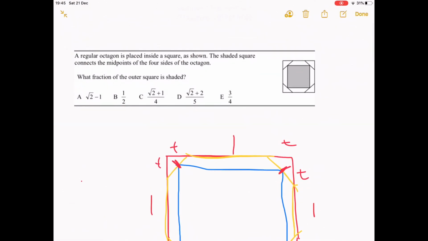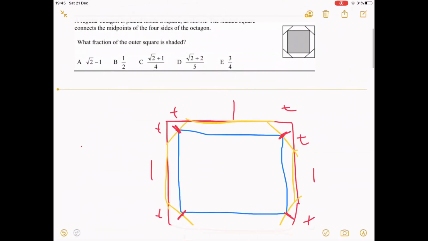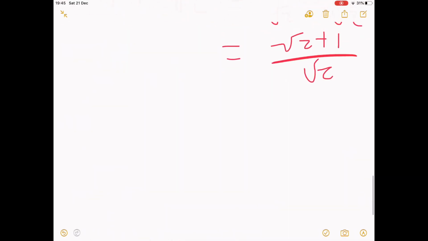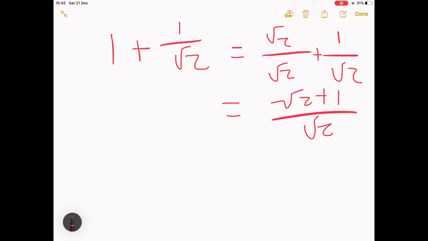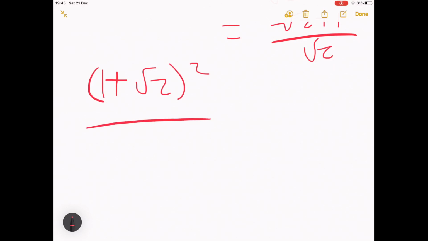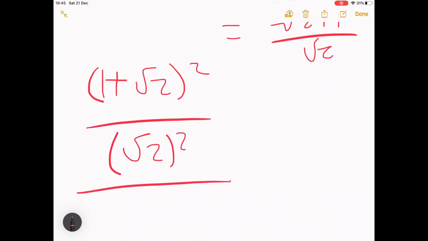And now from the beginning we can just find the areas and find the fraction of the two areas. So we have the area of our smaller square, which would just be 1 plus root 2 squared over root 2 squared, and then over the side of our larger square, which we figured out was 1 plus root 2 squared.